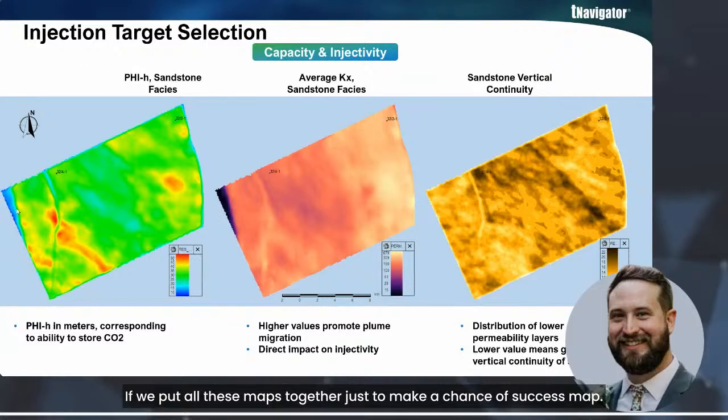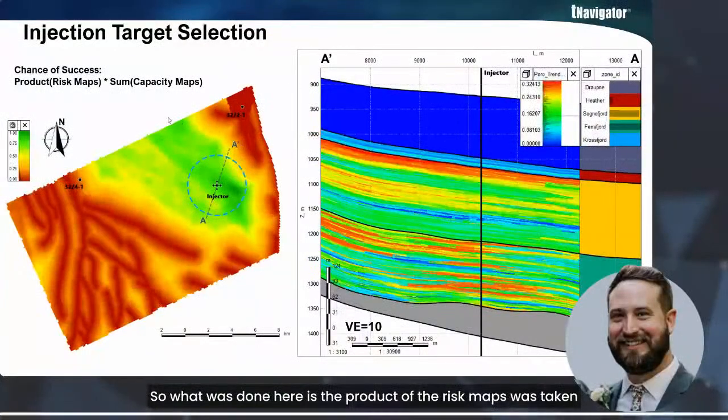If we put all these maps together to make a chance of success map, what was done here is the product of the risk maps was taken and multiplied by the sum of the capacity maps, so that we aren't overweighting the capacity maps, because they're not necessarily an ender or killer of where we might be able to inject.